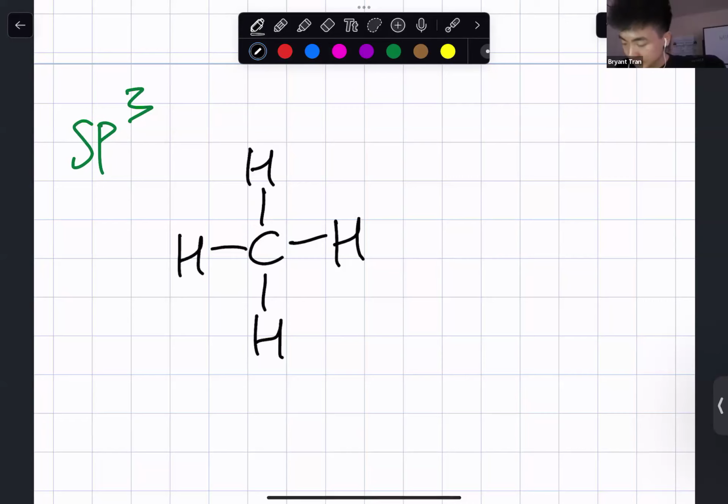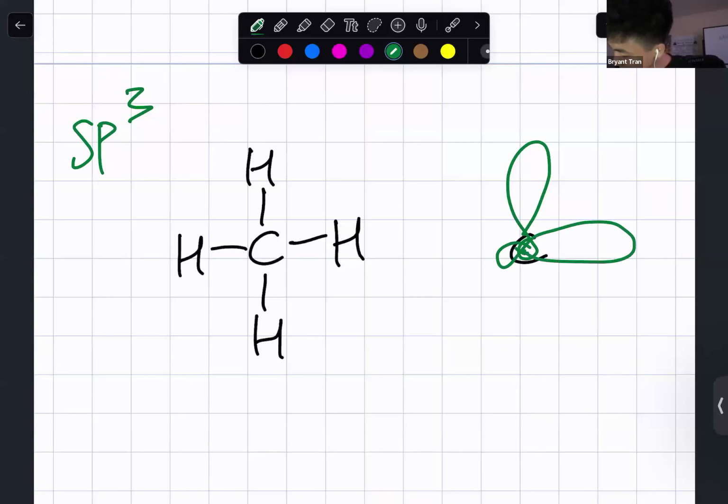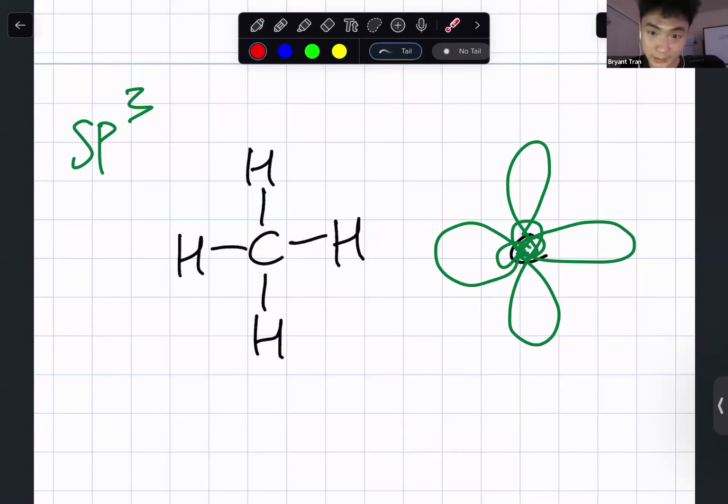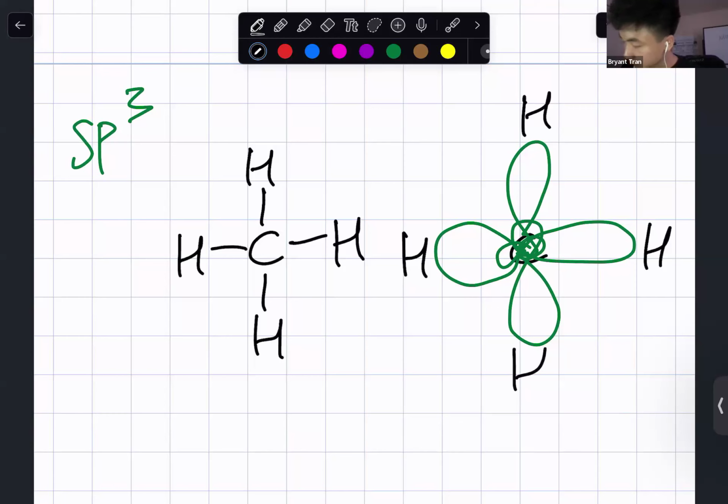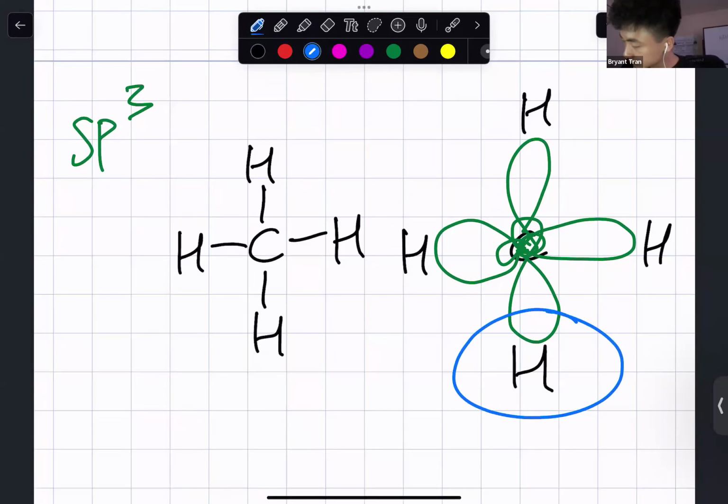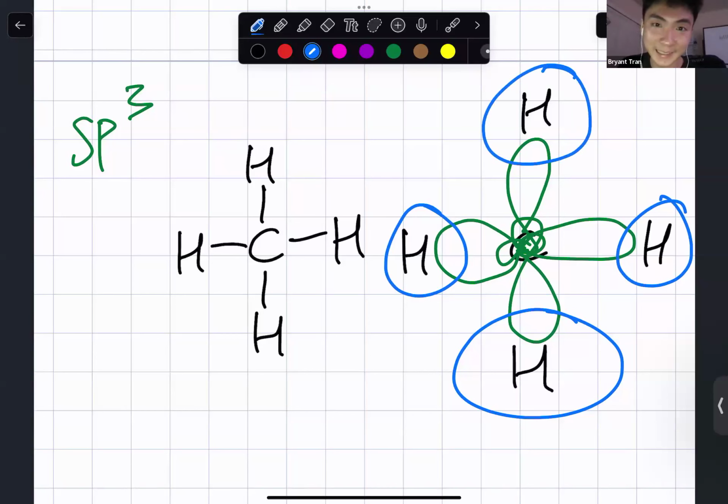So I'm gonna draw it out like this, where this carbon here has 4 sp3 orbitals like this. 1 is there, 2 is there, 3 is there, and then the fourth one is there, like that. The green orbitals I drew out are the sp3 orbitals. And then I'm gonna draw hydrogens out like this, where the shape of the s orbital is a circle, a sphere.